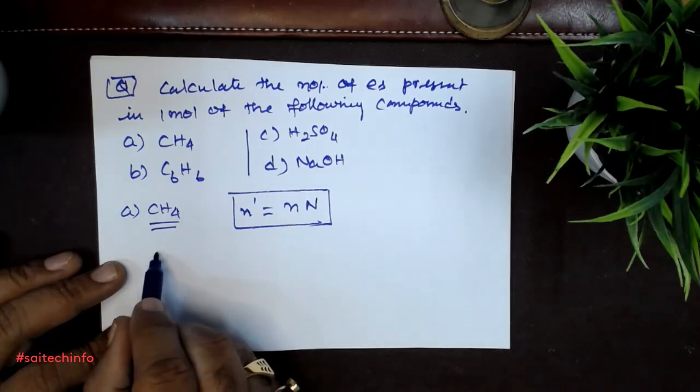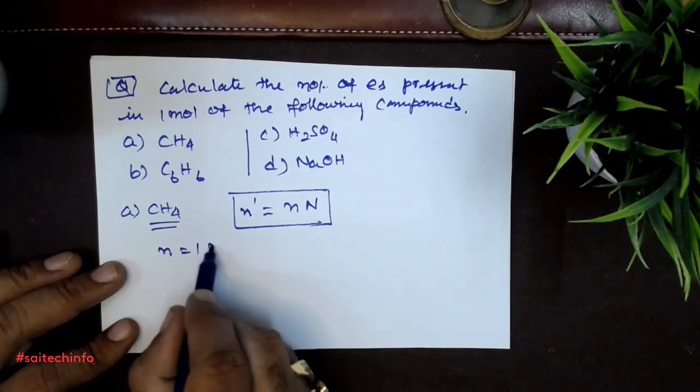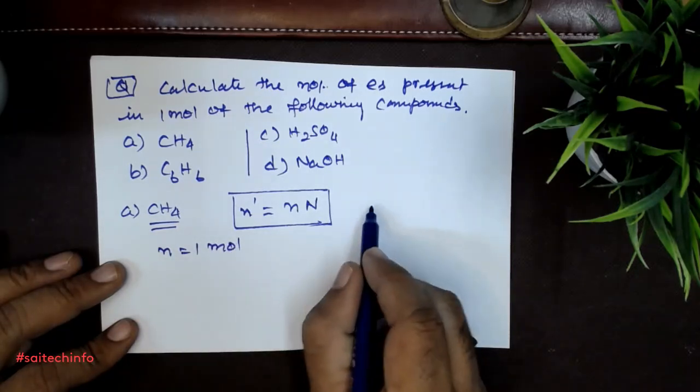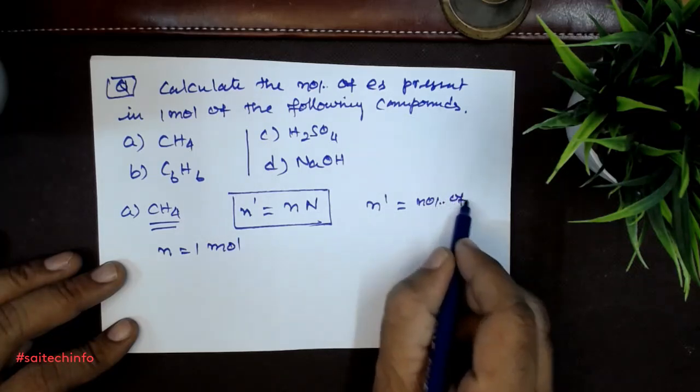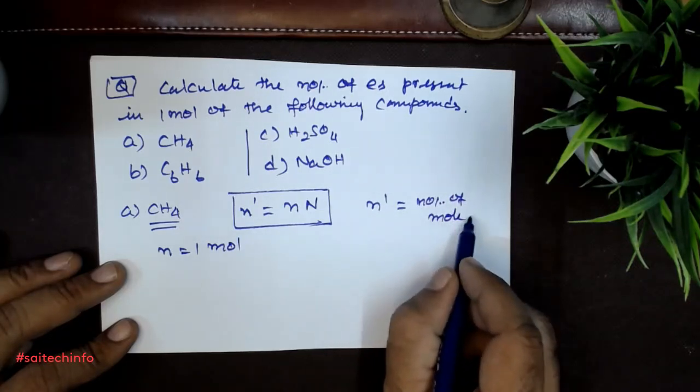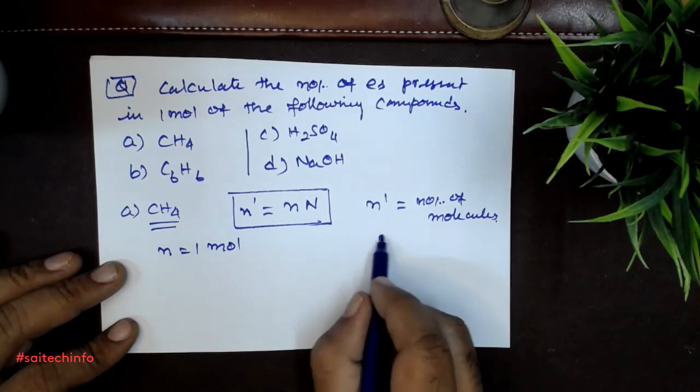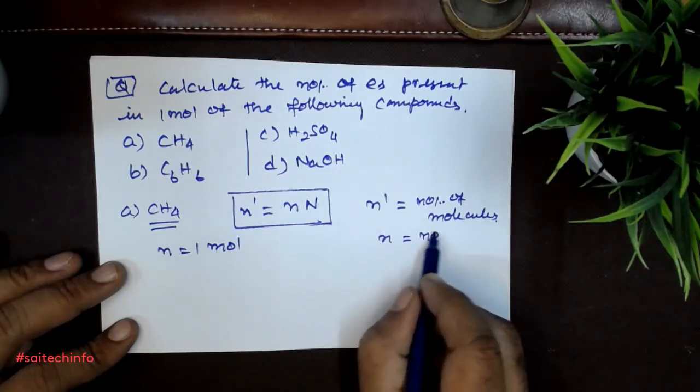So n is equal to 1 mole, because we already know N dash means number of molecules. Small n means number of moles.